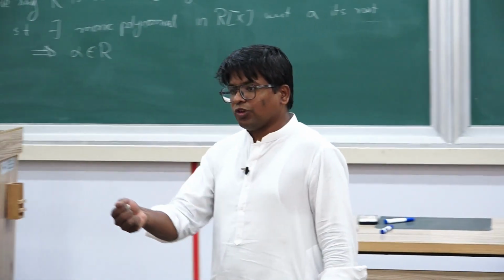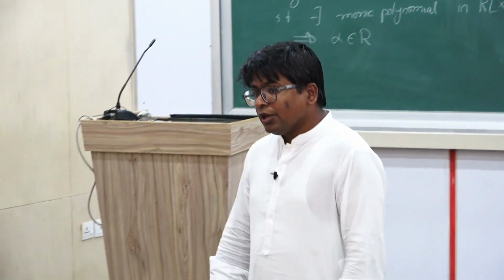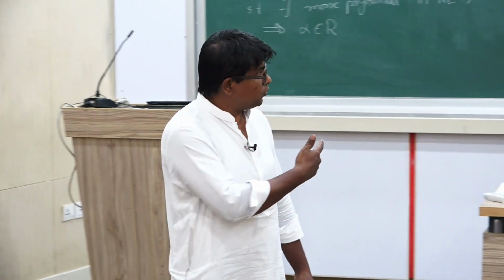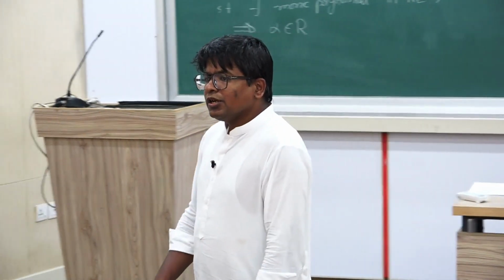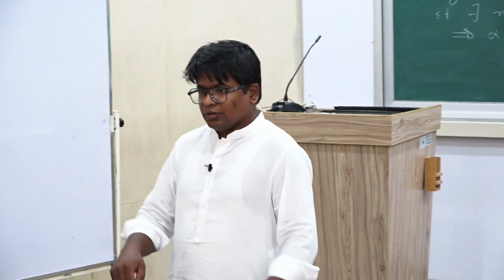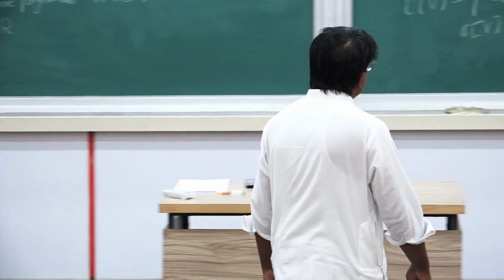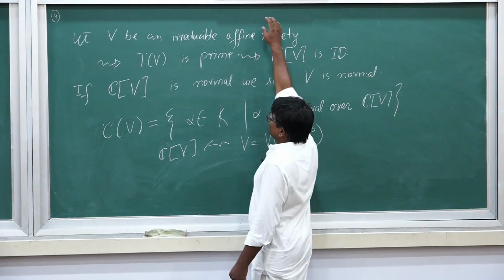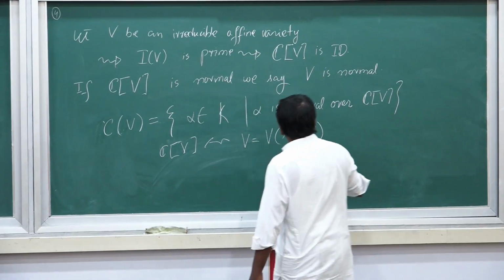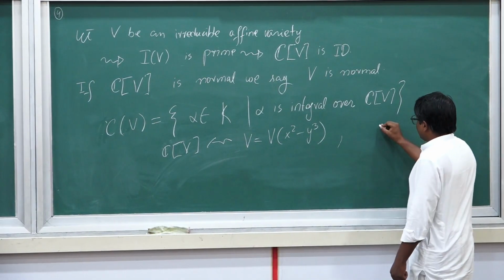We just have to see whether the corresponding cone is strongly convex or not. For example, I can show in a moment that the cone corresponding to this variety is not going to be normal, strongly convex.